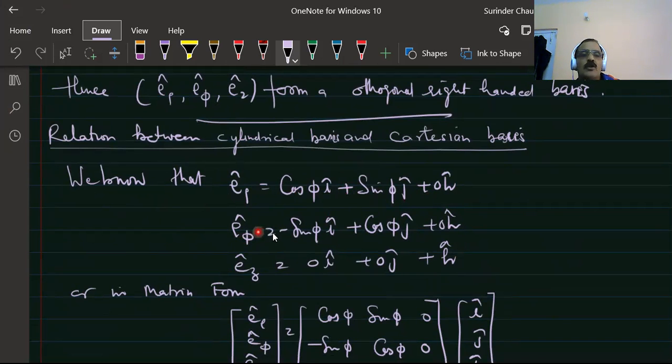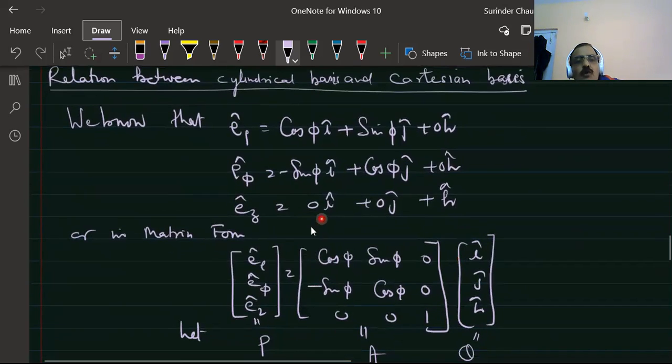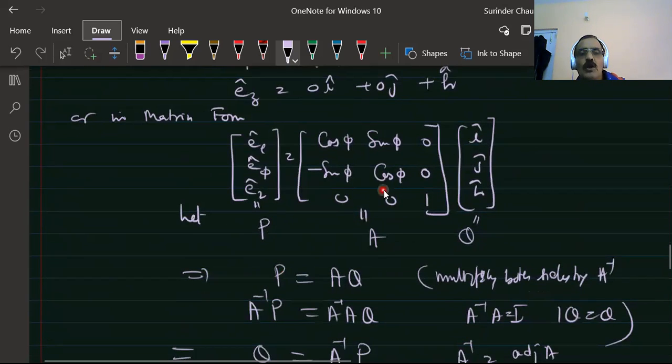E phi vector is equal to minus sin phi i plus cos phi j plus 0. E z vector is equal to 0 i plus 0 j plus k. Now, if you convert them to matrix form, E is equal to A times the Cartesian basis.